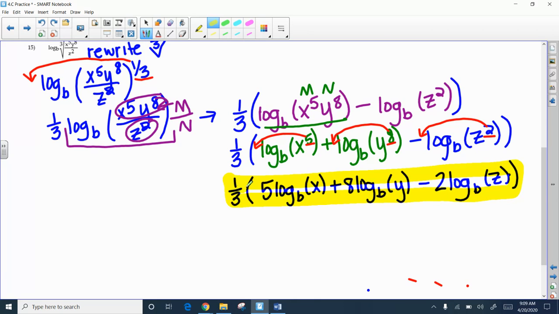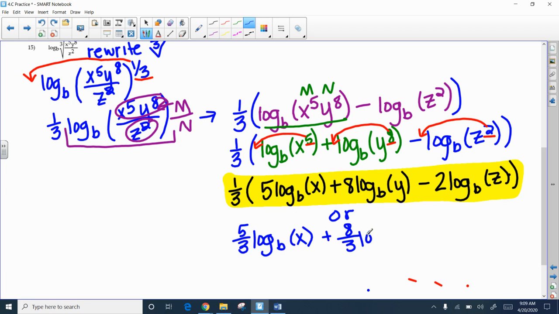So you can write it like this, or if you didn't want to write the 1/3 in front with parentheses, you can also distribute the 1/3 to each of these. So here's another way you could write this one. 5/3 log base b of x. So that's just 1/3 times 5. Plus 8/3 log base b of y.